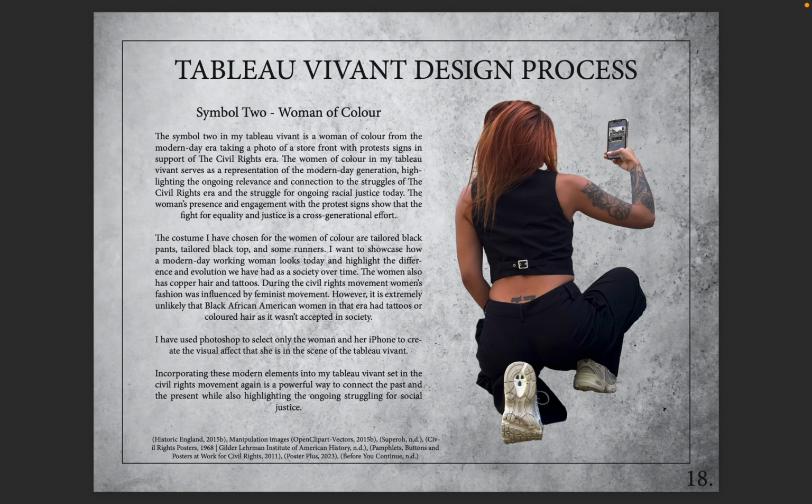I have used Photoshop to select only the woman and her iPhone to create the visual effect that she is in the scene of the Tableau Vivant. Incorporating these modern day elements in my Tableau Vivant set in the civil rights movement is a powerful way to connect the past and the present while also highlighting the ongoing struggle for social justice.